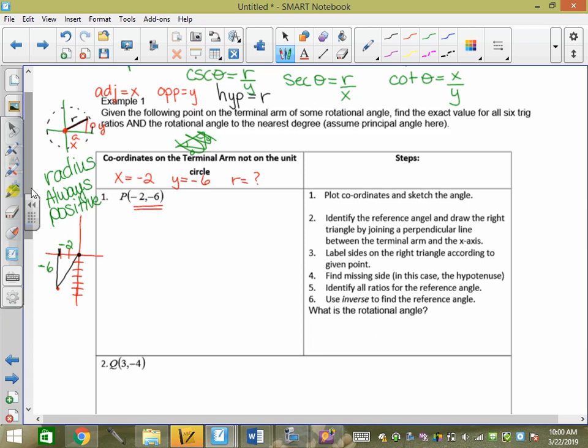So we're going to go r squared equals x squared plus y squared. That's always what we're going to use. I don't know what r squared is. And it's going to go negative 2 squared plus negative 6 squared. R squared equals 4 plus 36. R squared equals 40.